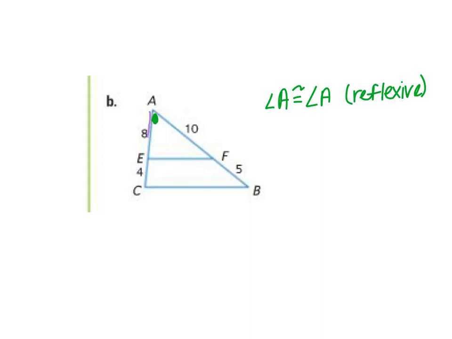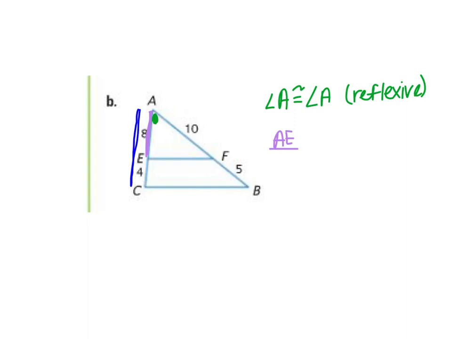Right? Now let's take apart our little side lengths. So here we're given AE is a total of 8. Let's compare that to the longer counterpart, AC. Okay, AC, you'll notice, is the side length AE of 8 plus 4 more units.